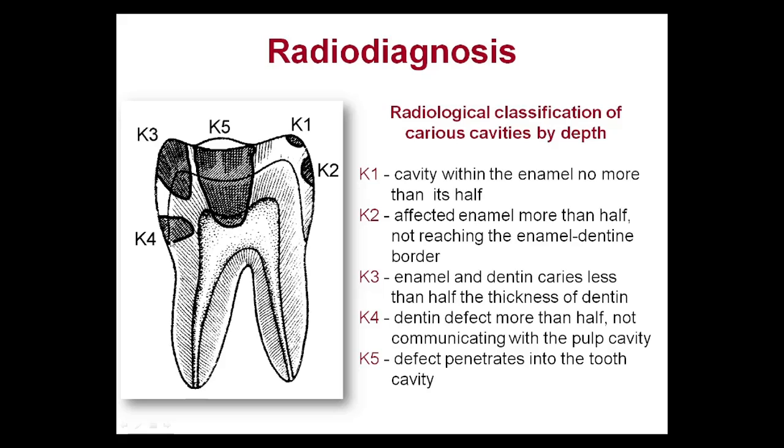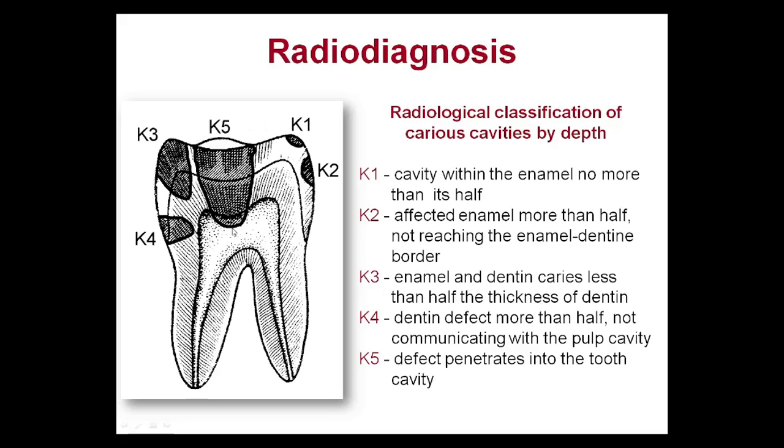And K4 is also in enamel, in dentin, but deeper than half of the dentin, not reaching the pulp. More than half, but not communicating with the pulp cavity. This is the pulp cavity, and the caries cavity, which is K4, does not penetrate into this structure.